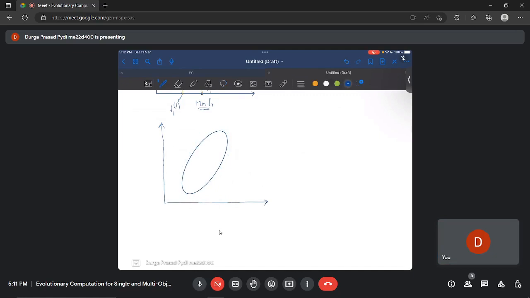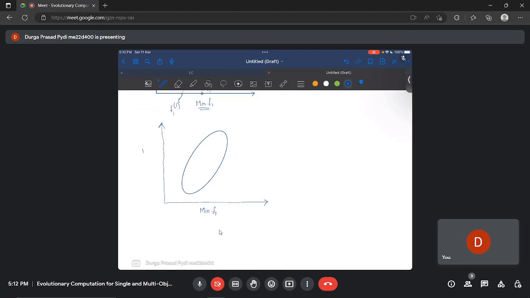And your objective is essentially to minimize or maximize? Earlier the direction of the ellipse was opposite, and here for the same minimum and minimum, how will the Pareto front move?